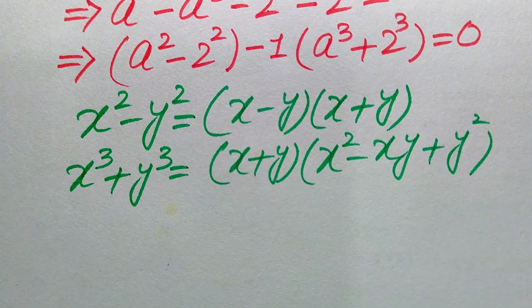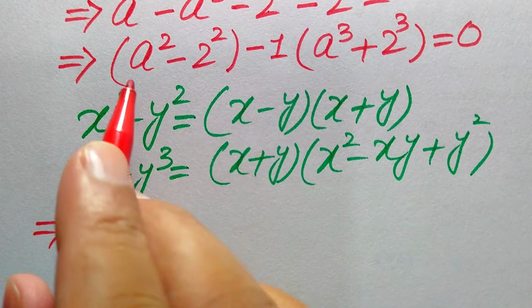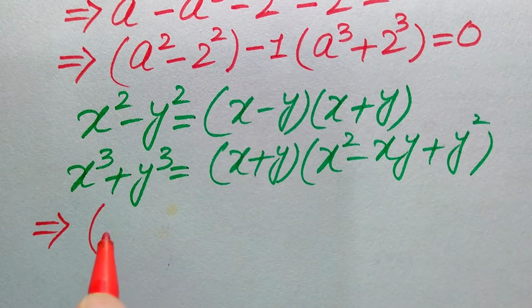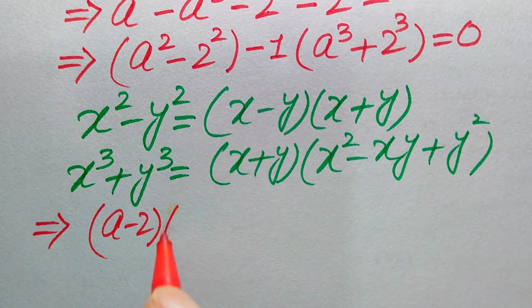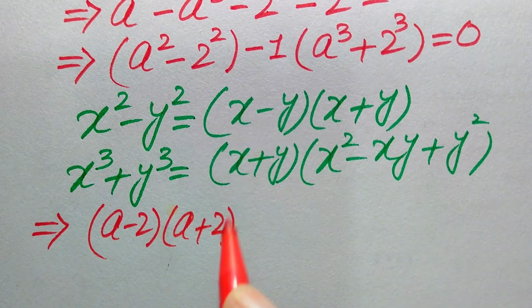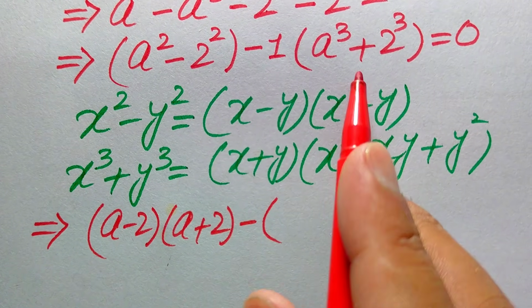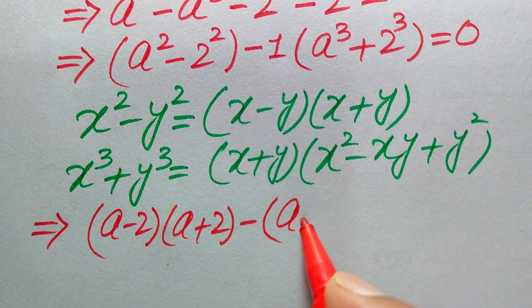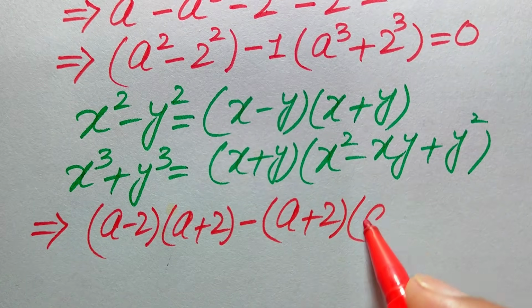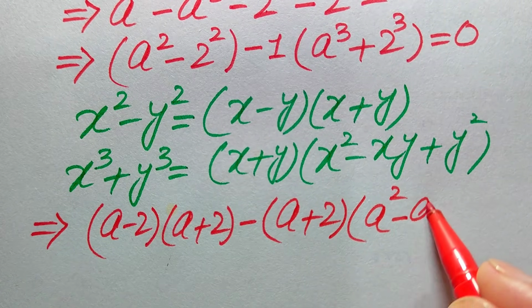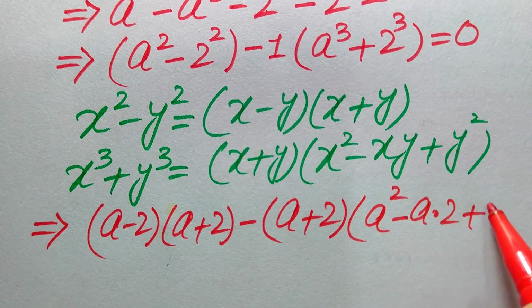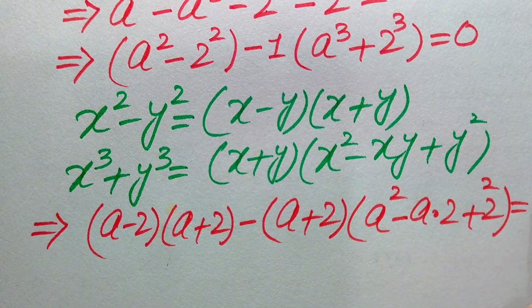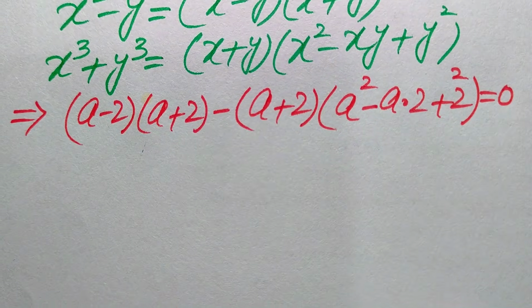So we use these two nice formulas on the above equation to get the values of a. So the first factor becomes a minus 2 times a plus 2, and minus, here we apply the cubic formula, a plus 2 times a squared minus a times 2 plus 2 squared, and this whole equation equals 0.